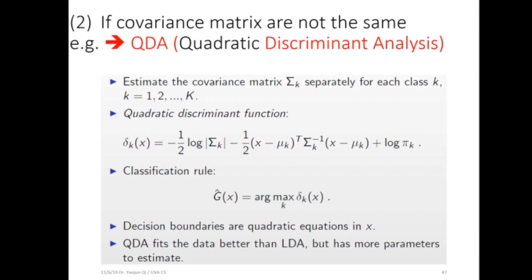Even though there's a lot of description in the literature and statistics books, in fact you just assume each class is Gaussian, and you learn the mean mu k, learn the covariance sigma, and learn the prior. In a lot of cases people call this the quadratic discriminant function, but in fact it's just the log of the conditional probability plus the log of the prior probability.